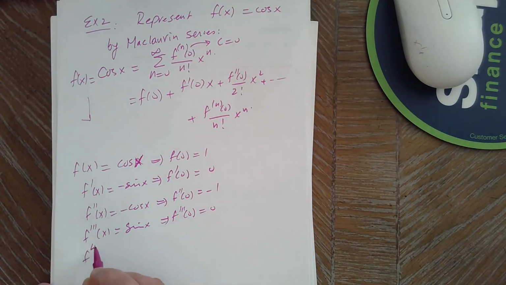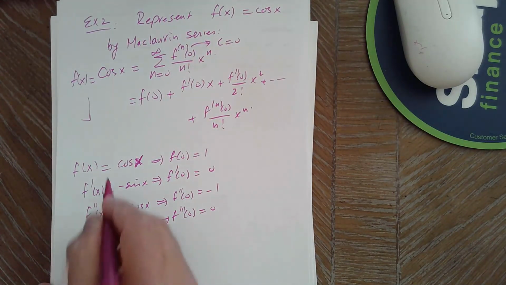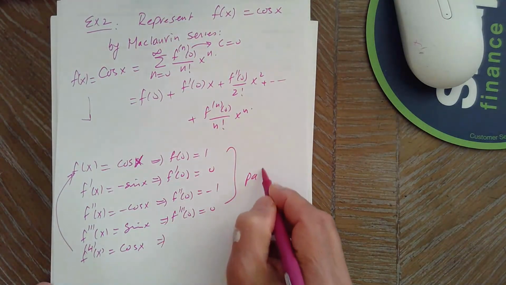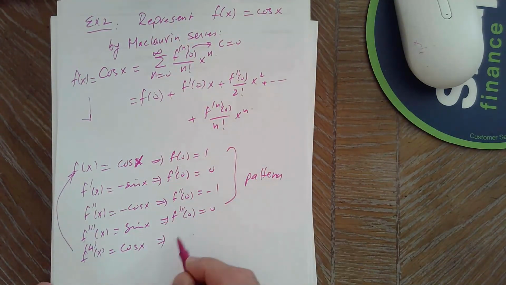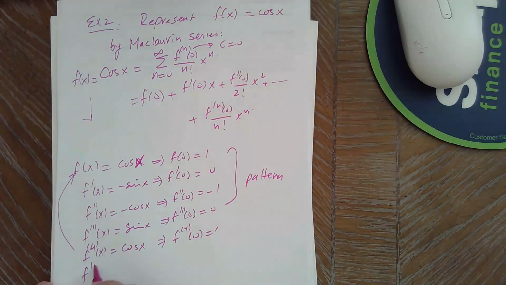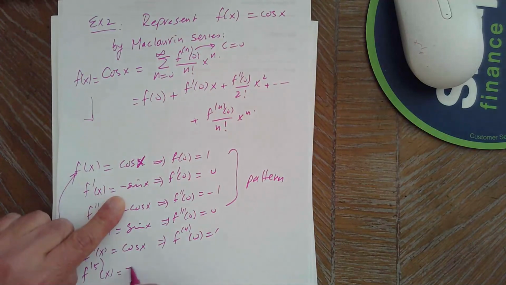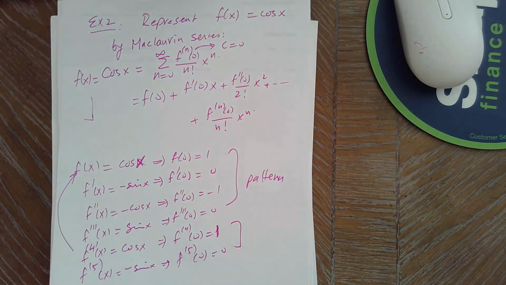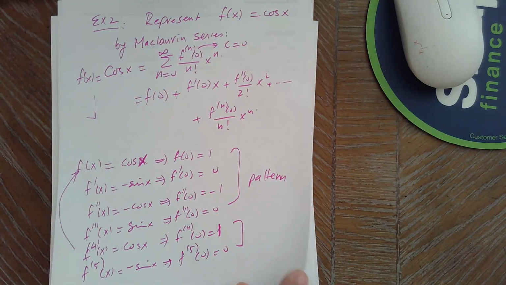The fourth derivative at x is cosine x. So we're going back. That's what I'm looking for, a pattern. Now repeating, the fourth derivative at 0 is 1. You can check, the fifth derivative at x is negative sine, so the fifth at 0 is 0. Okay, so repeating.